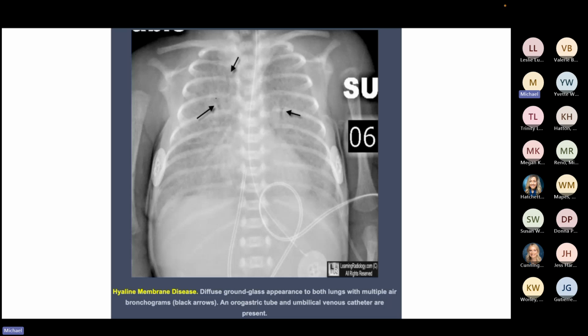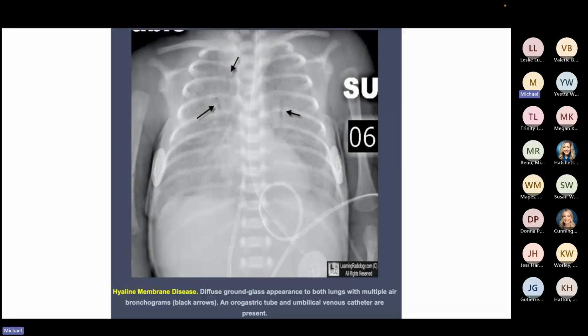You're going to see air bronchograms, which are nicely displayed by these black arrows, where you're seeing air primarily within primary, secondary, and tertiary airways, but not within alveoli themselves.